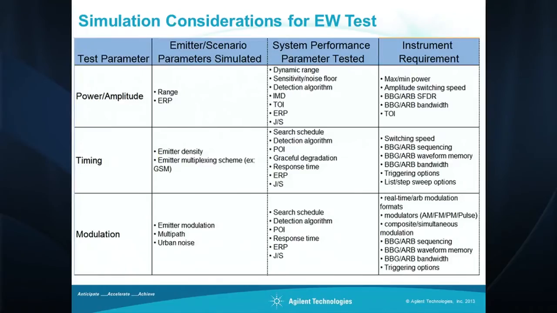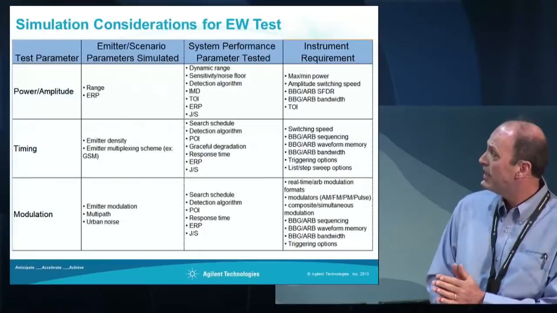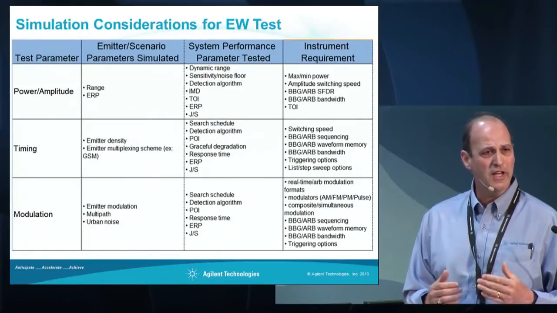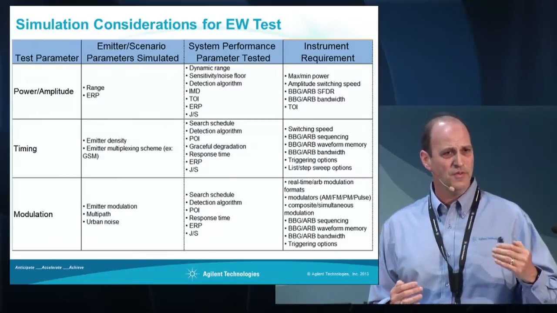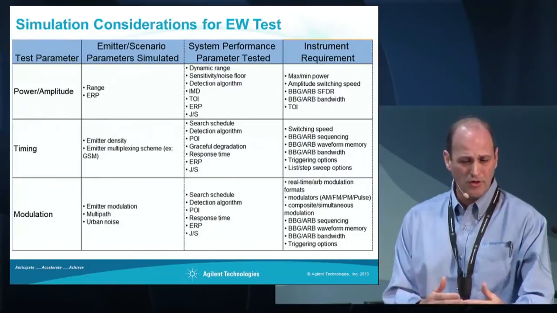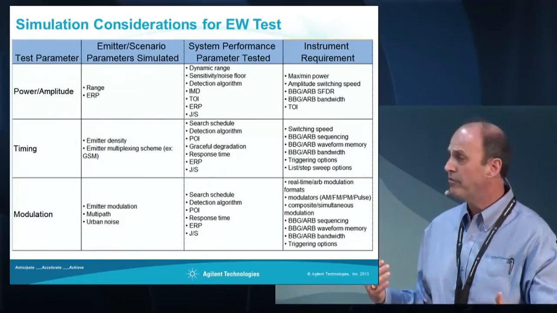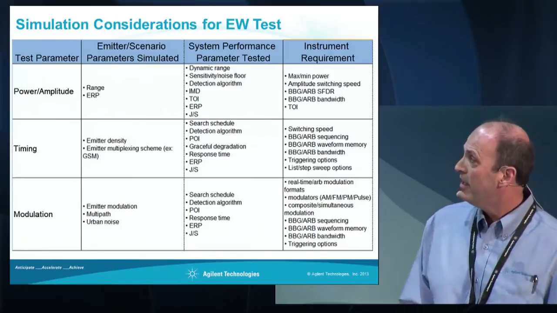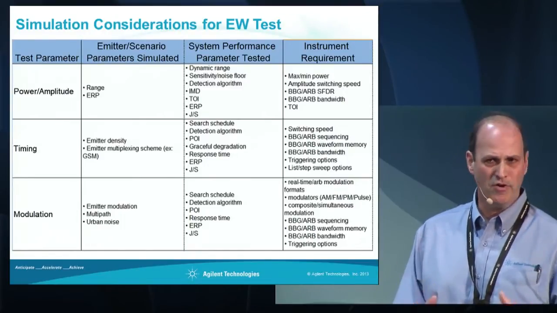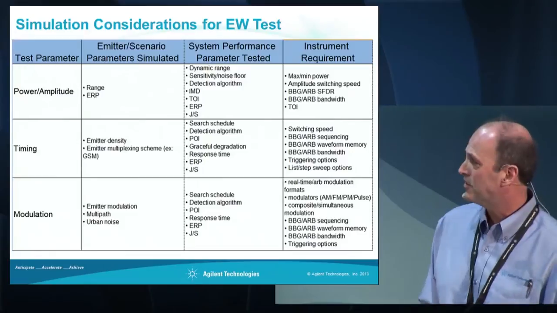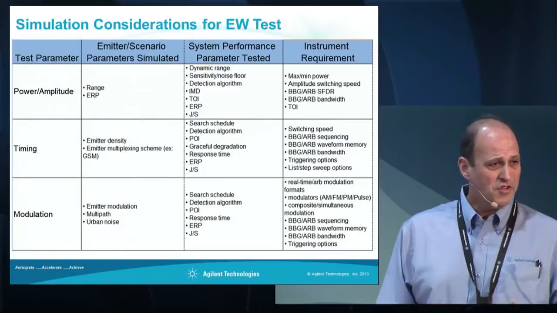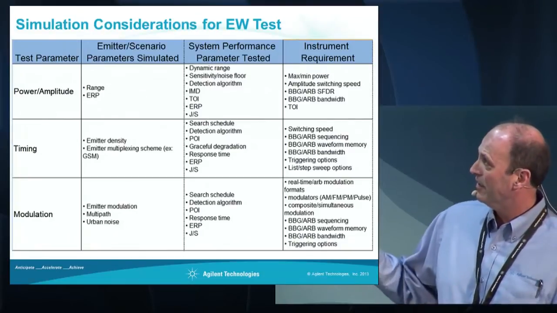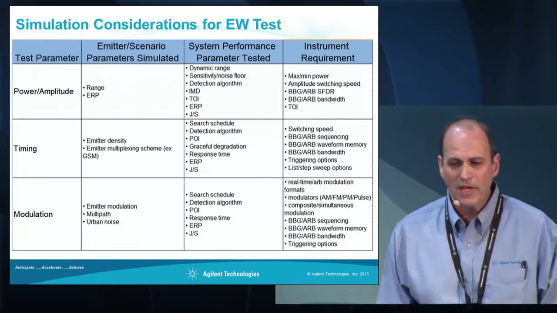So, for example, with power issues, if we want to simulate the harmful signals that may be either close to the IED or far away from the IED, that impacts the range over which the jammer is affected, and also the effective radiated power of the detonation signal. All right, that therefore has implications on the system performance that we're looking for.